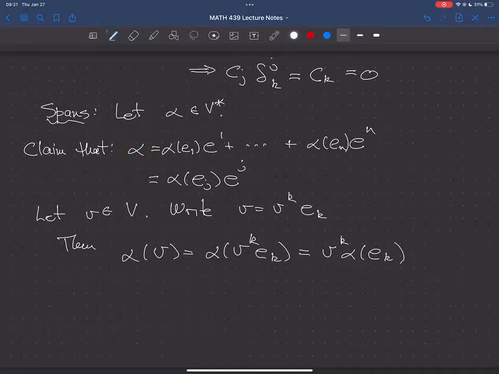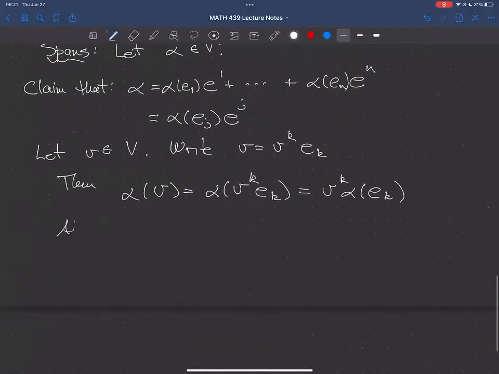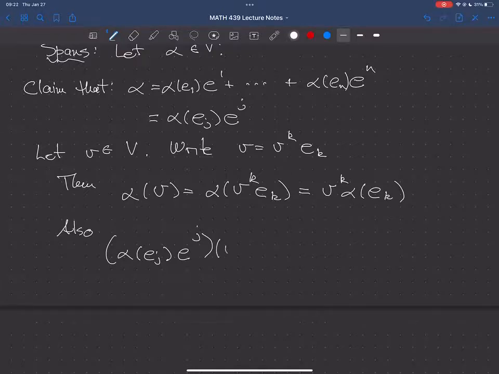What about the right-hand side? Alpha of e_j times e^j. The whole big thing is an element of V star, and I'm going to act on the element of V, which is v.